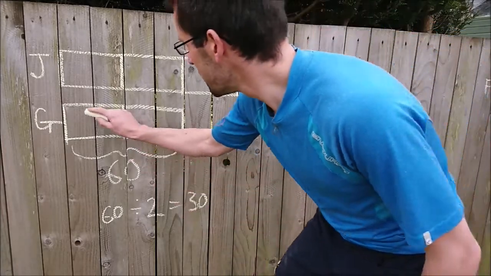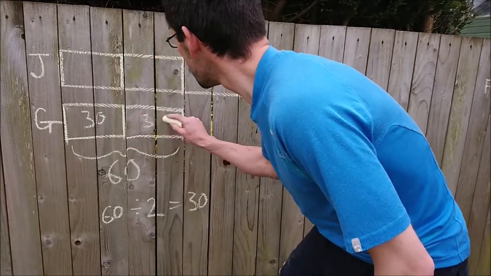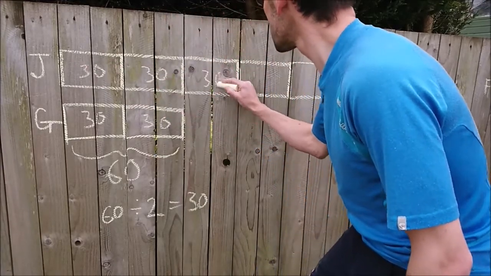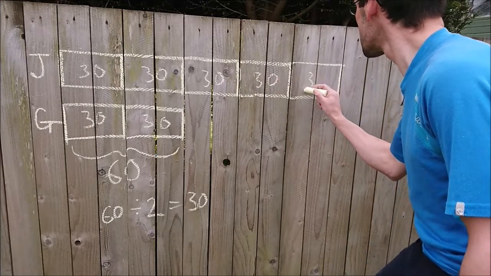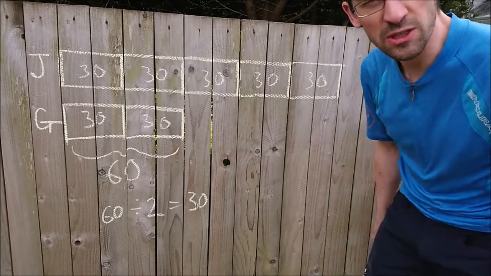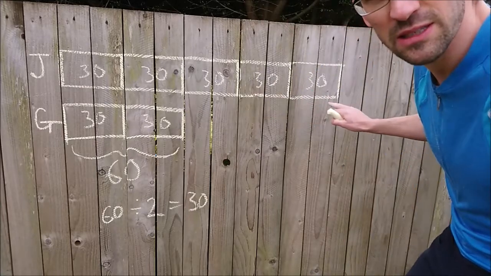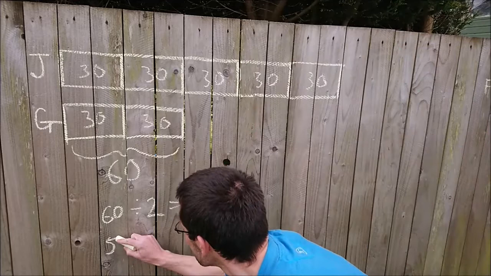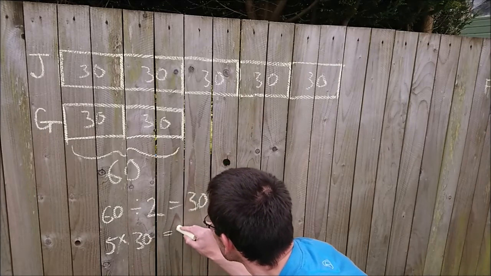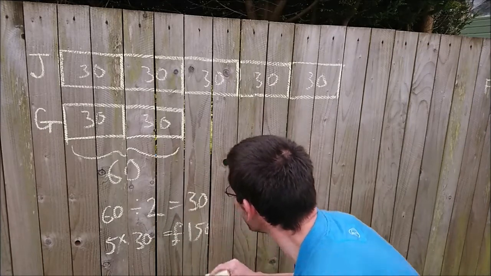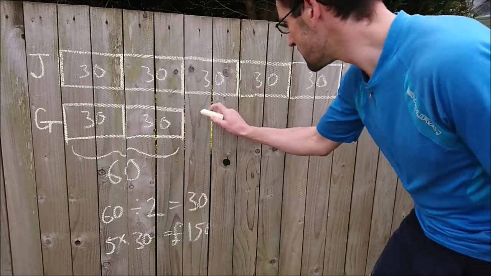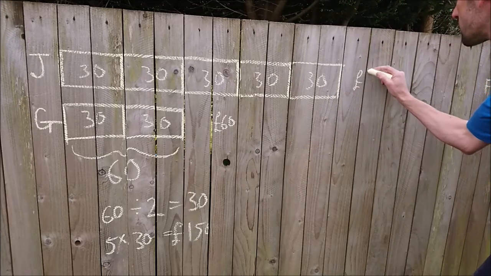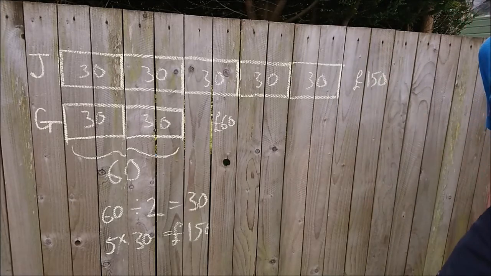That then tells me that every part is worth £30. How much does John get then? Well, he has 5 parts, each of which are £30. 5 times 30, £150. So there we have it. £60 for George, £150 for John.